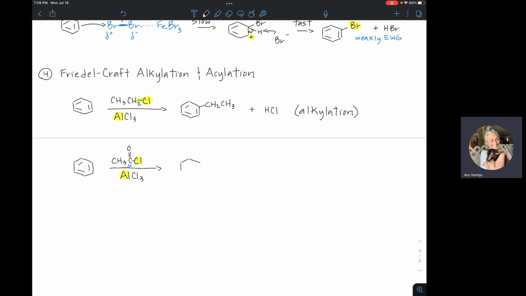The ring then attacks the carbon. Chloride comes in, takes the hydrogen away. And I have acylated the aromatic ring.